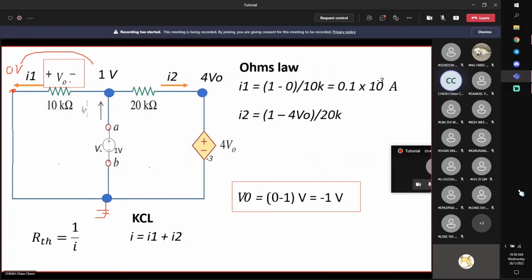The other way, if you're confused, just draw this 10K here and notice that the convention is this way: negative connects to 1 volt, 0 connects to here. Then if this is 1 volt, the other way around should be negative 1 volt. You can write it down directly.